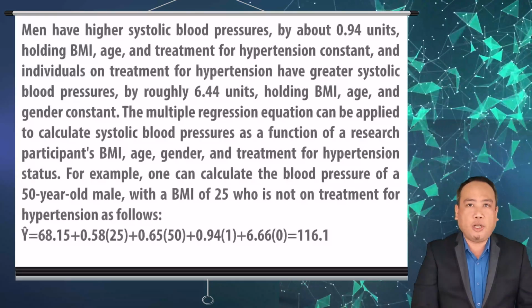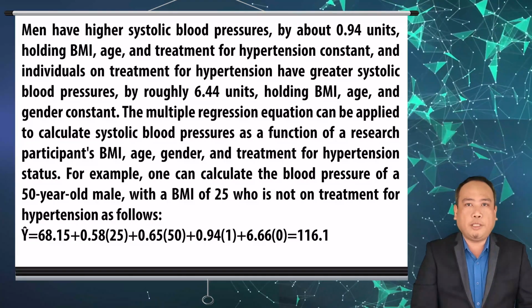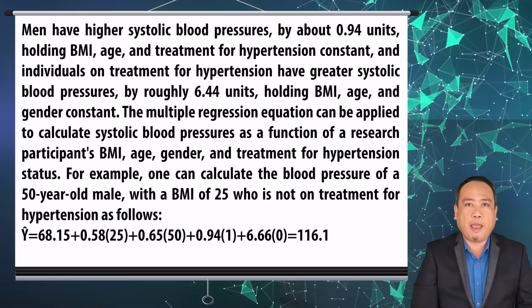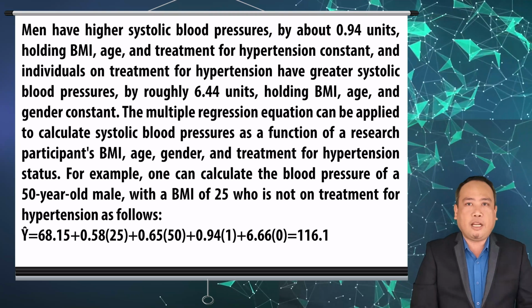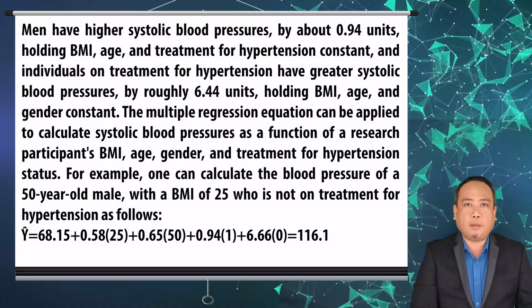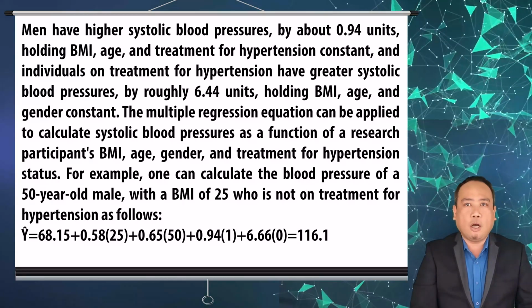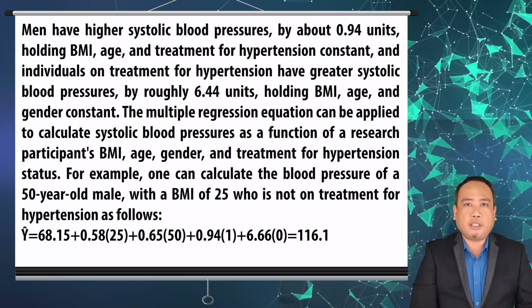Men have higher systolic blood pressures by about 0.94 unit, holding BMI, age, and treatment for hypertension constant. And individuals on treatment for hypertension have higher systolic blood pressures by roughly 6.44 units, holding BMI, age, and gender constant.